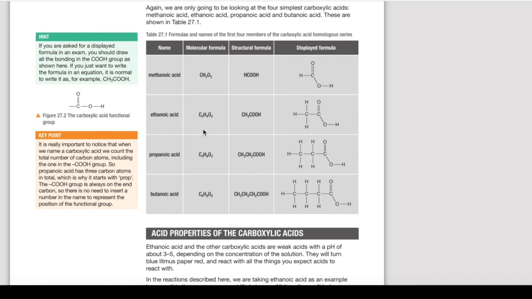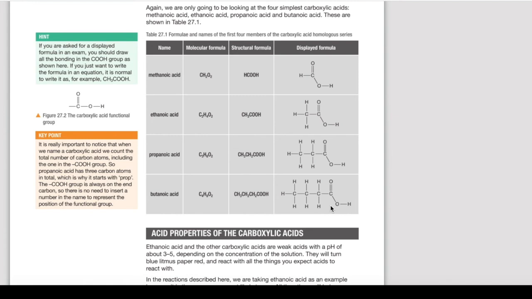Now, these again are examples of carboxylic acid, and you can see that's one carbon, two carbons, 3 and 4, and they already contain this carbon in the functional group. So you need to be careful with this.